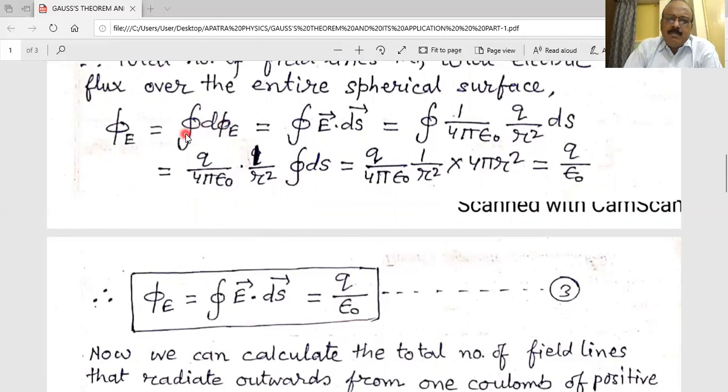These are constant terms, therefore they come outside of the integration. Now we have to integrate over the closed surface, the closed surface integral of ds, and that is nothing but the total surface area 4 pi r square of the spherical surface.